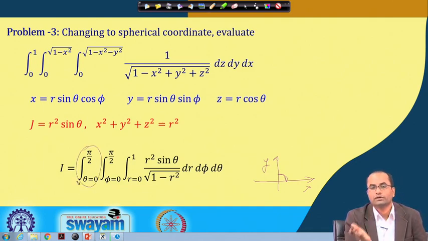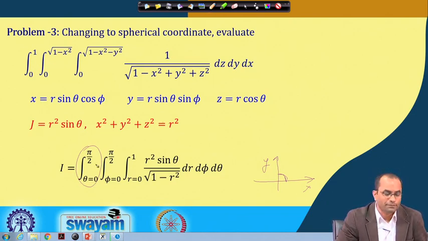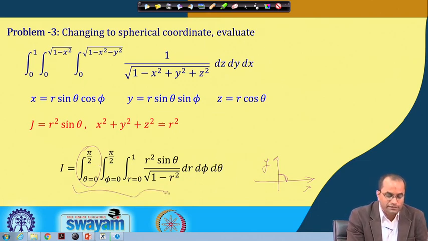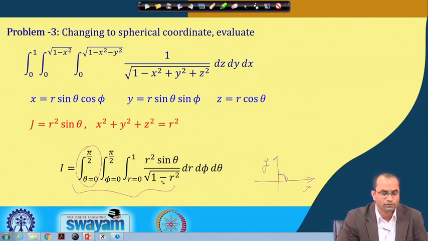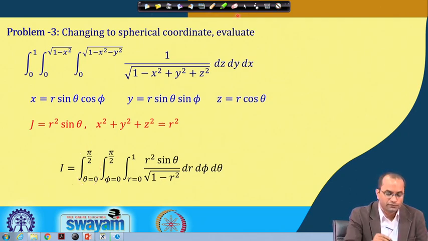So, again to cover this sphere in this positive octant, we have to go from 0 to pi by 2. So, with these limits we have covered the whole given spherical part, and now we can easily integrate.